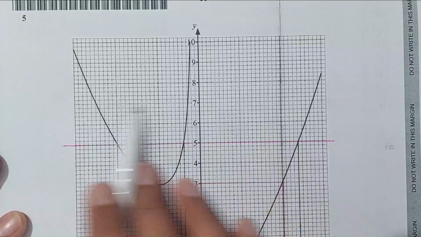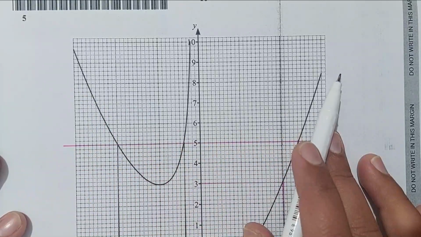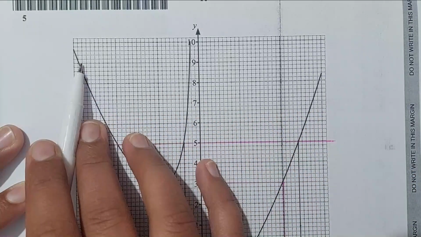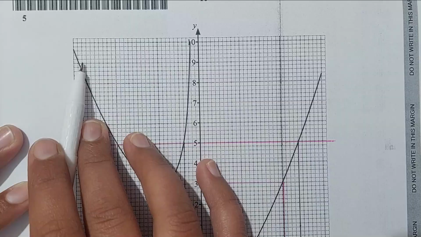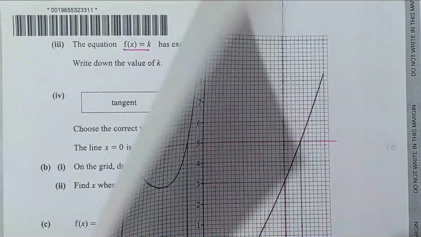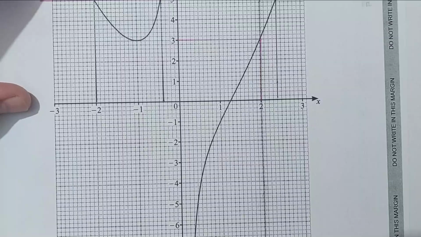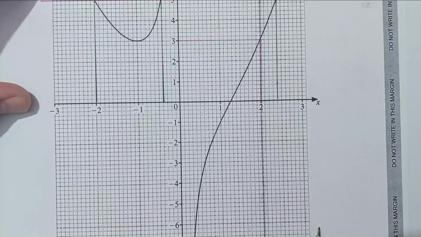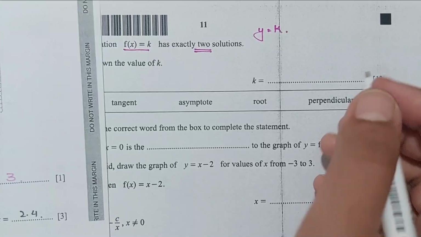Y equals 6, 7, 8, it has three solutions. Y equals 9, it has two solutions. Y equals 10, one solution. You have to solve for exactly two solutions. Y equals 3 has two solutions, and the lesser values have only one solution.